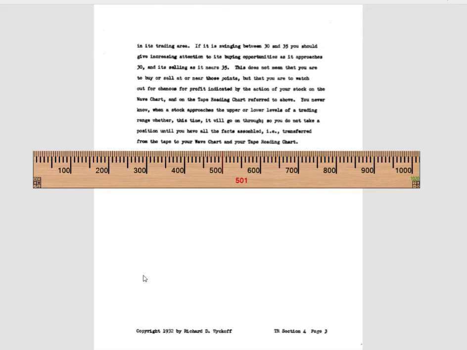It's telling you there's going to be a reversal. So that's the whole point of this chapter. When you're trying to trade support and resistance, look at the volume of the bars as they approach support and resistance and see if it's declining. That's the major point that he's trying to make here.